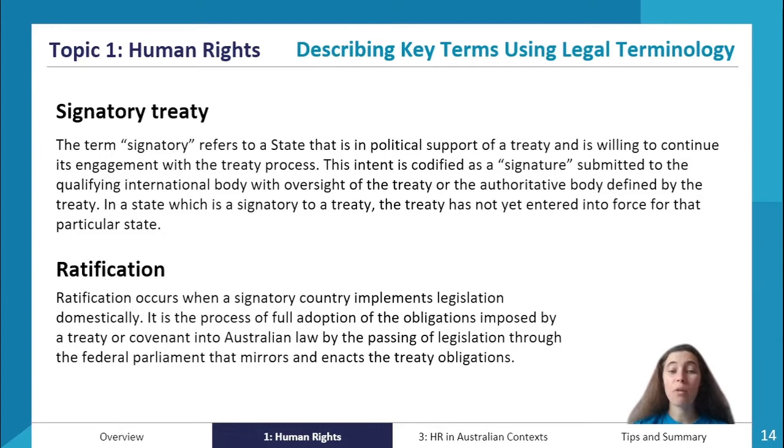So the process of full adoption of the obligations imposed by a treaty or covenant into Australian law for us, or it could be another country, by the passing of legislation through the federal parliament that mirrors and enacts the treaty obligations. So you're signing up to this idea of the treaty, and then you're actually ratifying that, solidifying that promise by implementing the legislation that reflects the principles within the treaty.